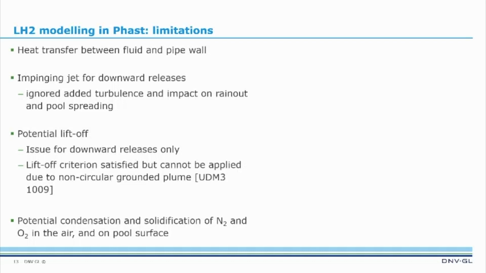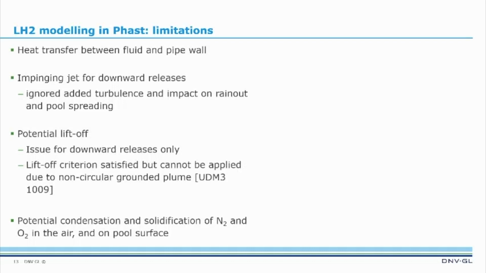With the unignited releases, the potential lift off in the dispersion for a downward facing release, we tend not to allow it to lift off because of the various criteria in the UDM, and that can lead to clouds which are too narrow and too tall, so that's something we need to look at.